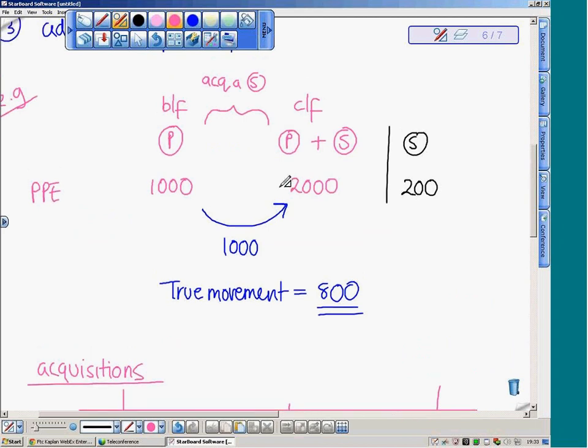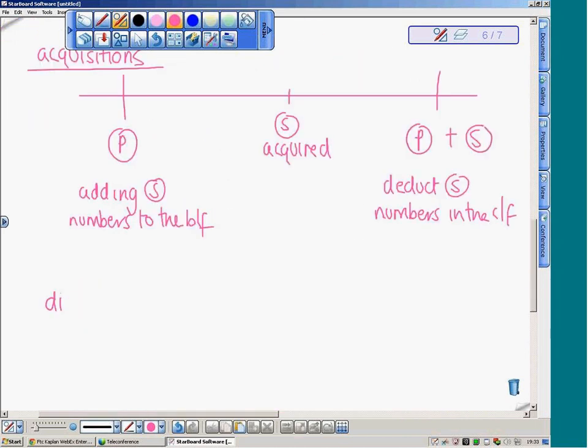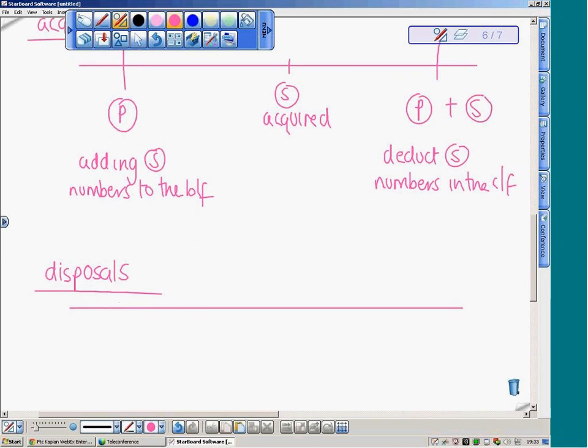So if our carry forward is 2,000, you deduct 200 from that, gives you 1,800. You compare that to the 1,000 and you'll get 800. Okay, so in your exam, whichever way you played it, you're going to get the same net answer. Okay, in a similar manner, you apply that chain of thought to disposals. Okay, again, drawing out a little timeline.